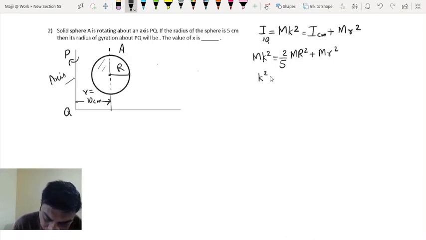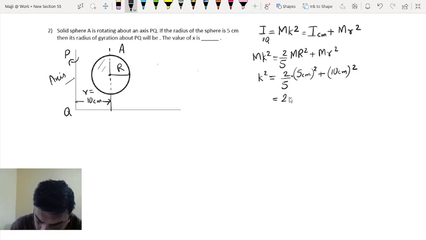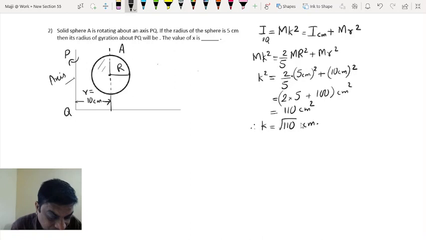So we have k square is equal to 2 by 5 into 5 centimeters square, plus 10 centimeters square, so 2 into 5 plus 100, that is 110 centimeters square. Therefore k will be root 110 centimeters.